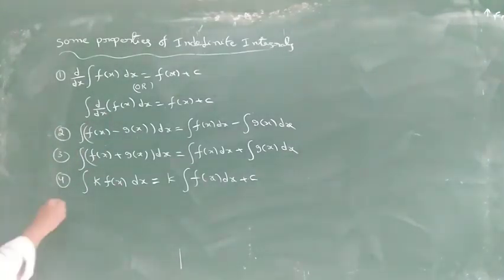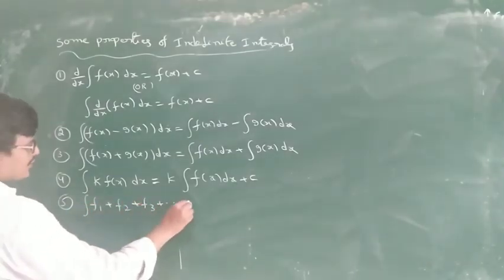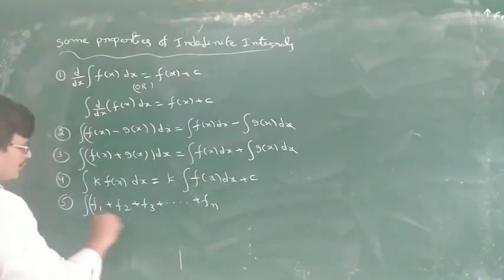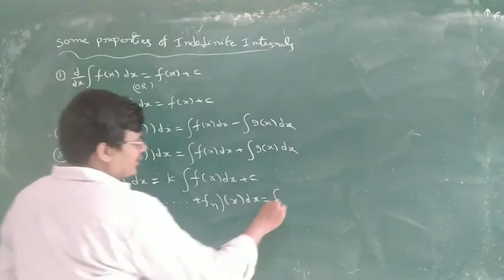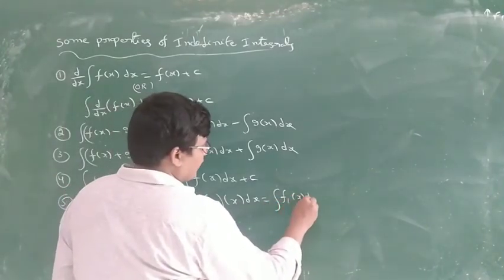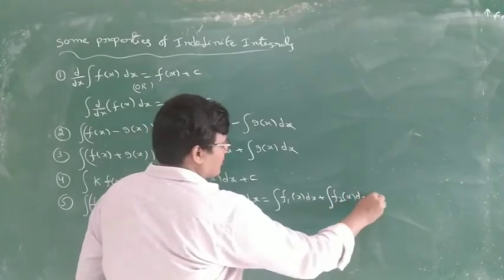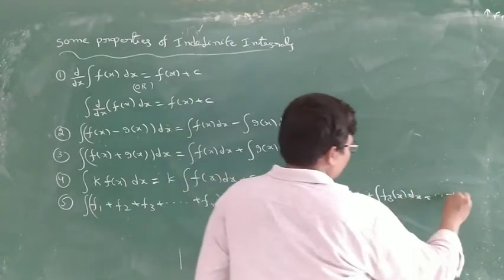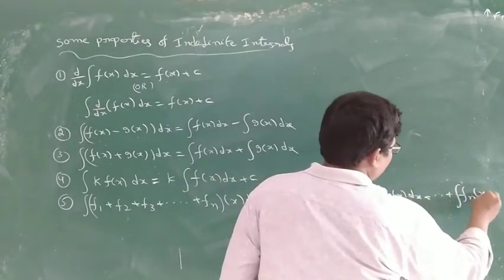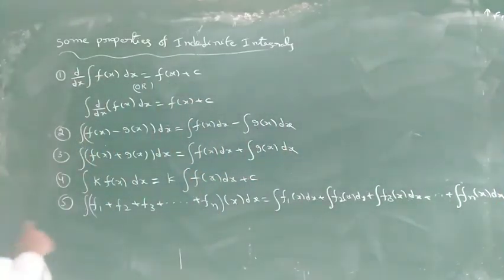Not only 2 or 3: integral f1 plus f2 plus f3 plus and so on plus fn of x dx is equal to integral f1 of x dx plus integral f2 of x dx plus integral f3 of x dx and so on plus integral fn of x dx. Not only two functions, and so on.